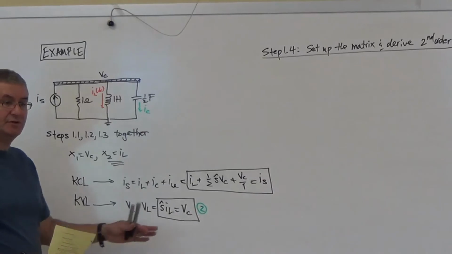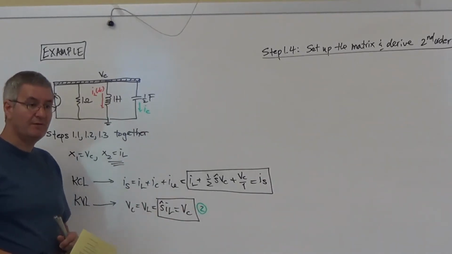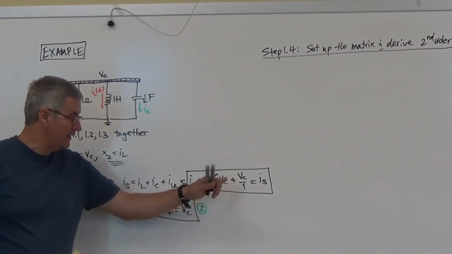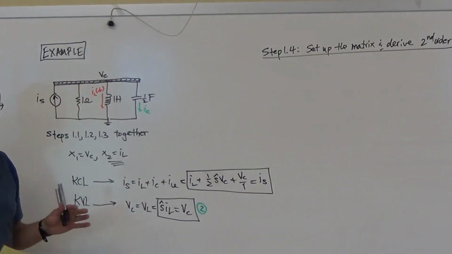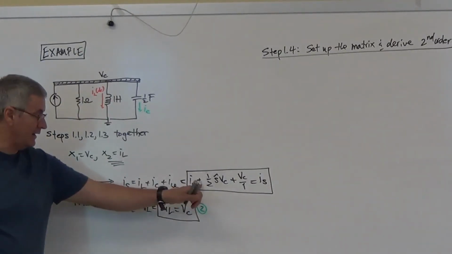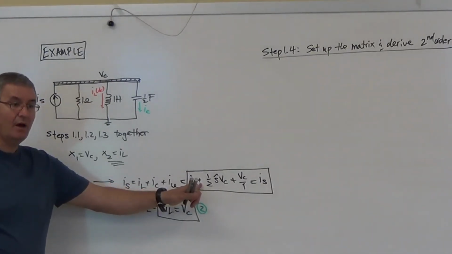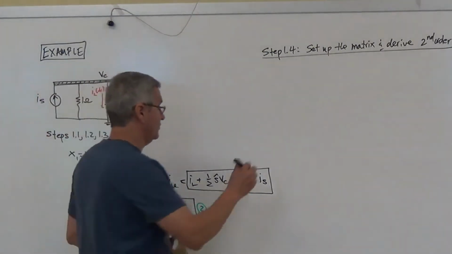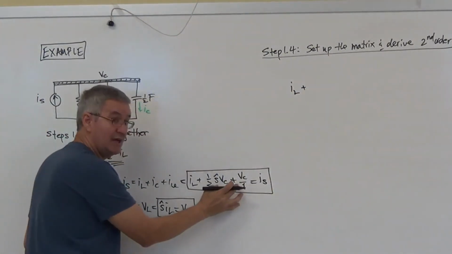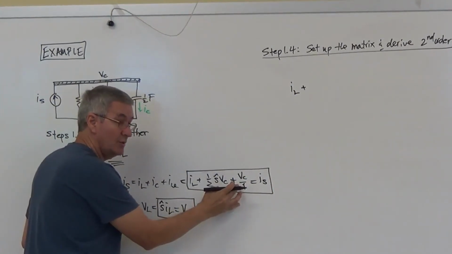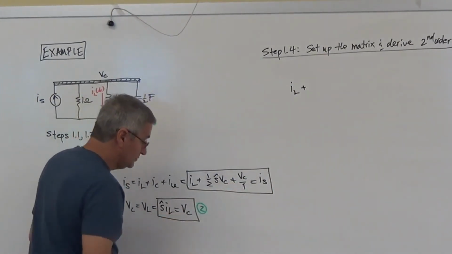So now I'm just going to treat this as 2 variables. What are my variables? VC and IL. You can put them any way you want. The fact that IL is by itself here, I'm going to make that the first one. So I'm going to get IL, and you see these 2 terms, I can combine them.